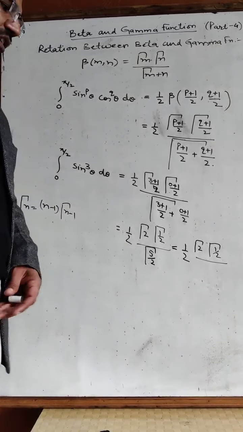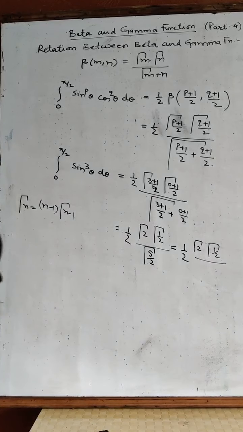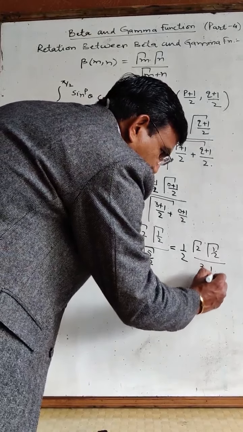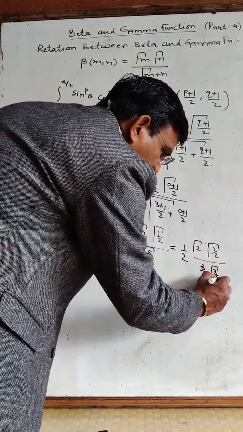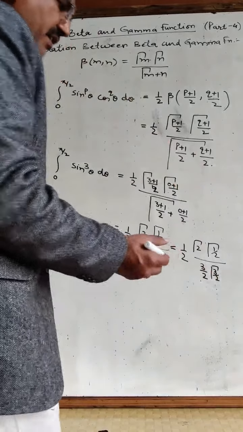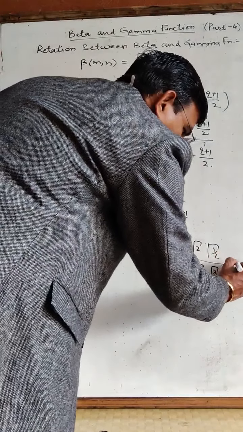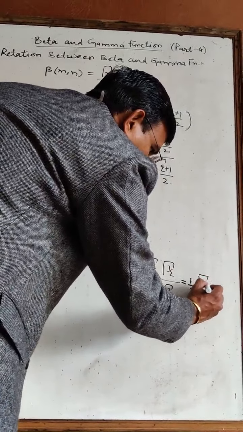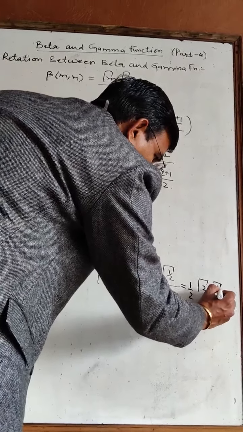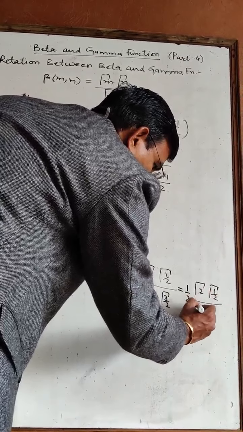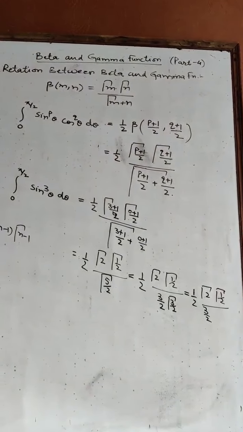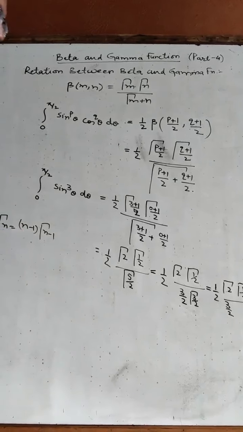So here it is gamma of 5 by 2, and it can be written as 3 by 2 gamma of 3 by 2. Again it would be equal to 1 by 2 gamma of 2 gamma of 1 by 2 over 3 by 2 gamma of 3 by 2. Again gamma 3 by 2 can be written using the same recurrence relation.